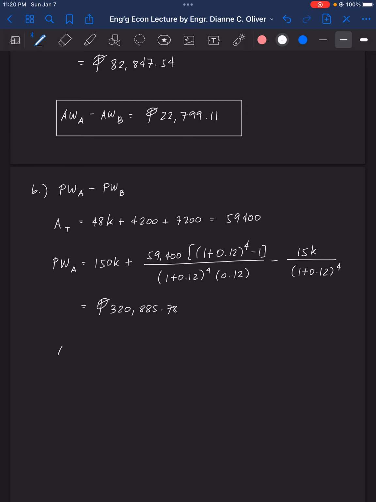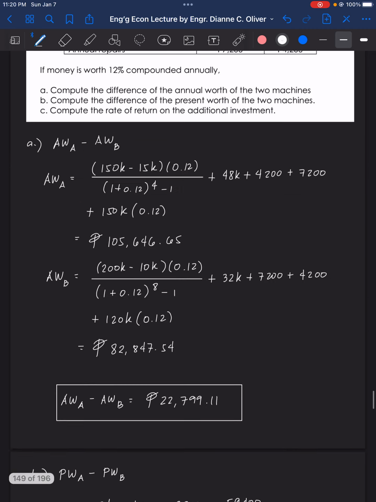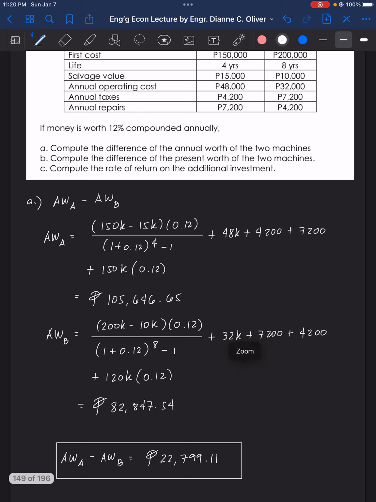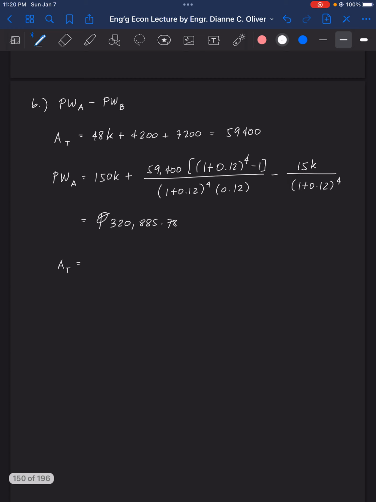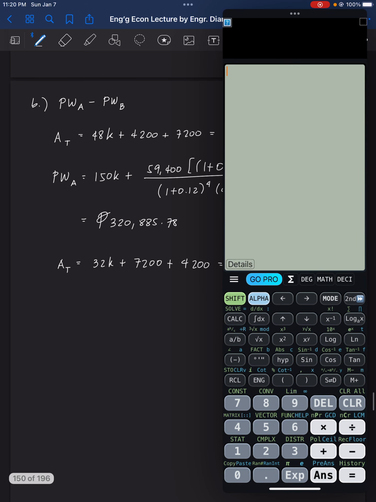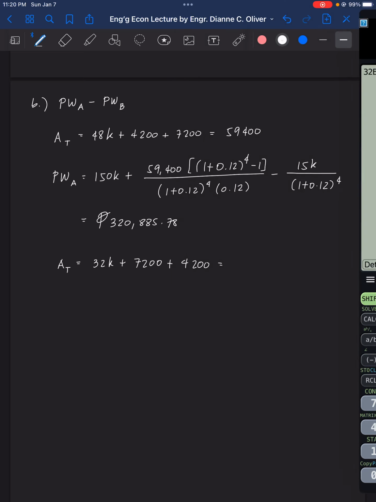For machine B, annual total, we have their annual operating cost 32,000, annual taxes 7,200, annual repairs 4,200. So for machine B, that will be 32,000 plus 7,200 plus 4,200, which is 43,400.